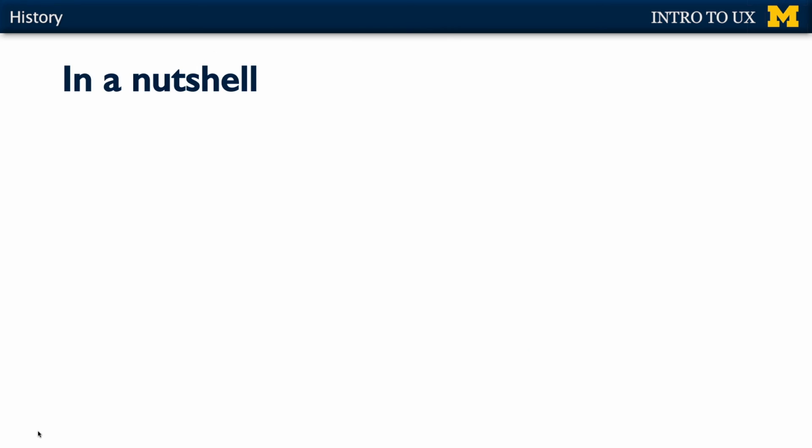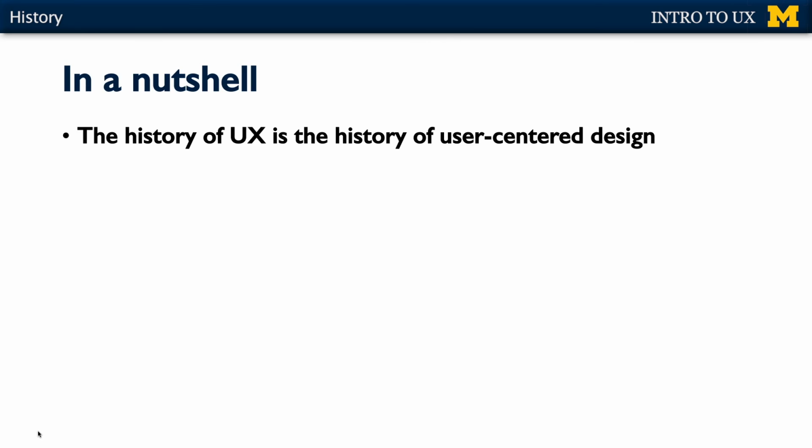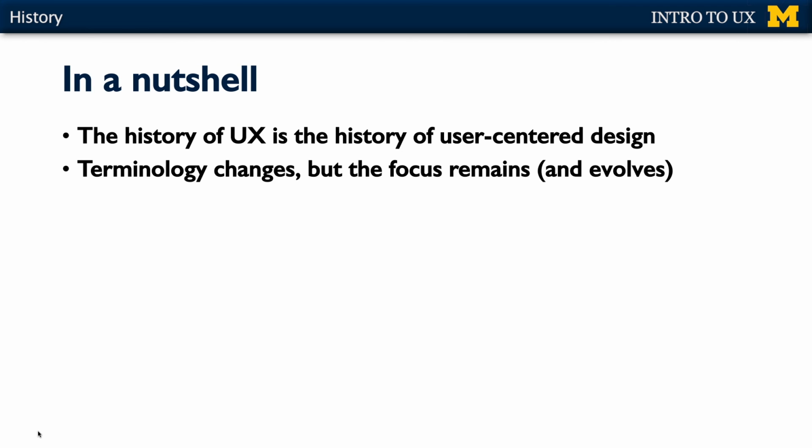But the really important thing is that in a nutshell, the history of UX, however you look at it, really is the history of user-centered design, of putting the user at the center of the design process and making decisions about how to design products with the user in mind. And over time, that user-centered focus has become more and more central to the way a lot of products are being designed, which is great.